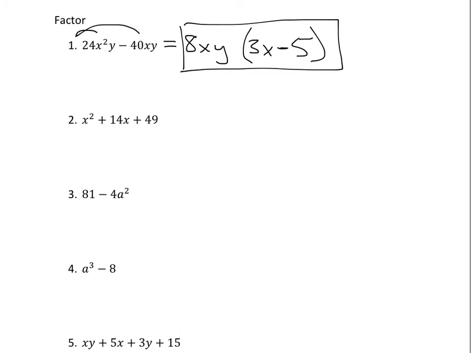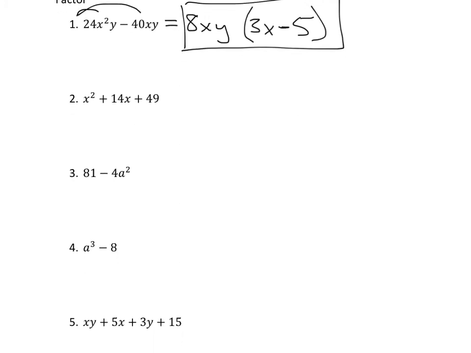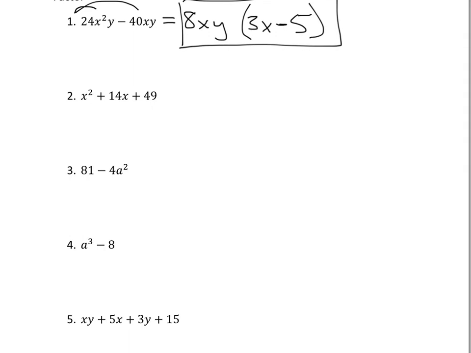Now, a couple of situations where you could see those special cases and how they work. You're just going to need a lot of practice with it because you need to be able to recognize them. So we have x squared plus 14x plus 49. Hopefully you recognize something like this from when we multiplied back in section 3. But if not, let me show you real quick. So here x is a and 7 is b.